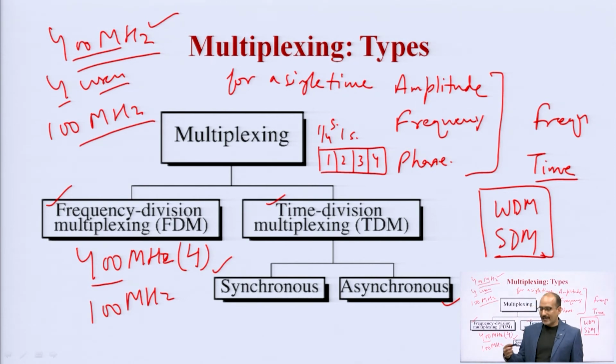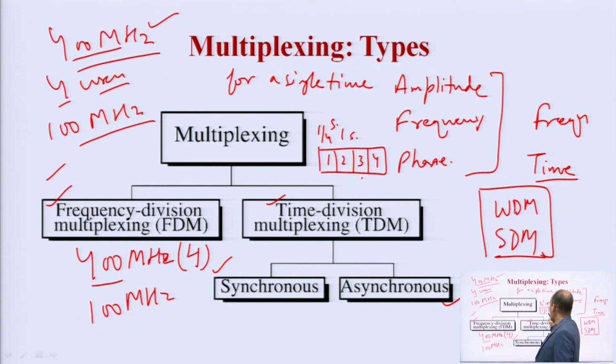When the next slot comes, the user transfers the data in that particular slot using the complete 400 megahertz bandwidth. It means in FDM the bandwidth is limited for a user, but in time division the bandwidth allocation is increased, though the time for which it is allocated is less.